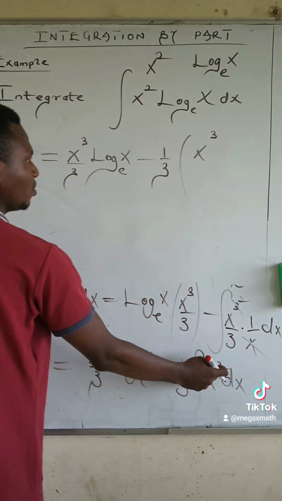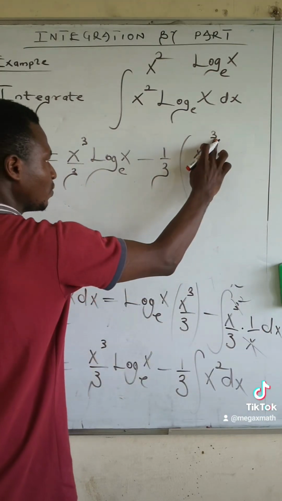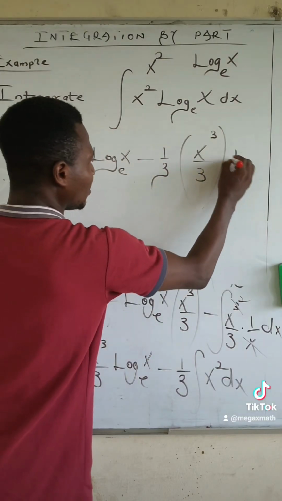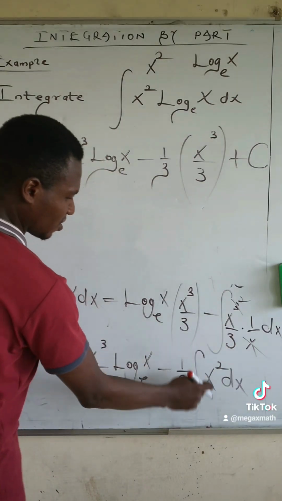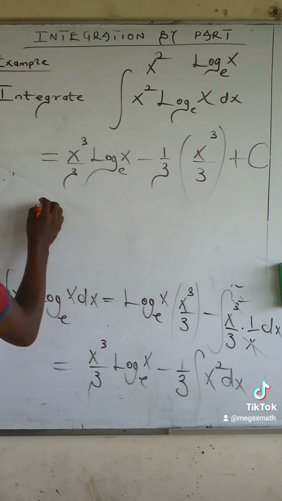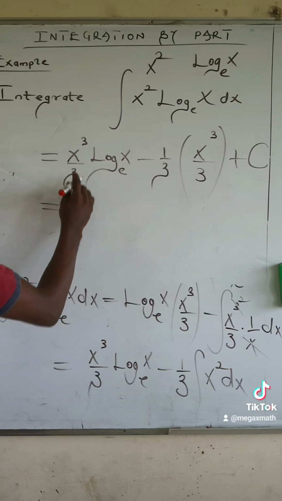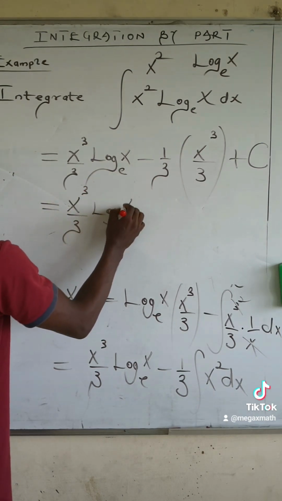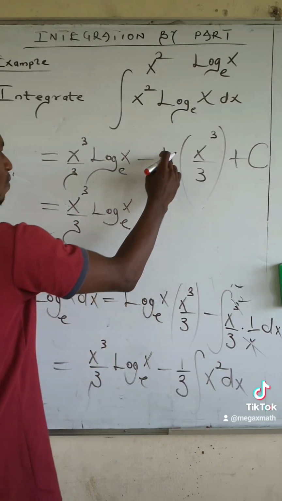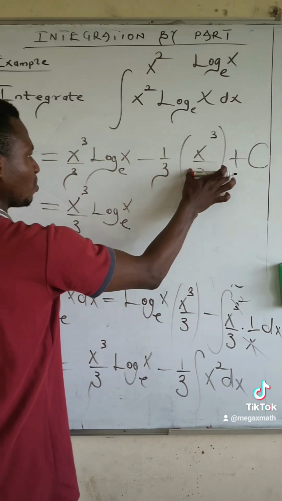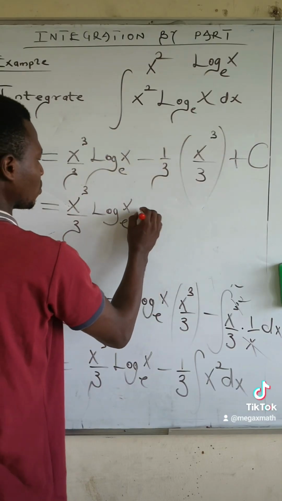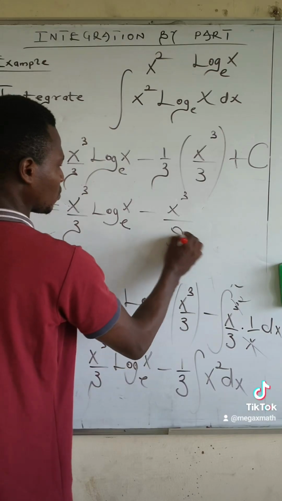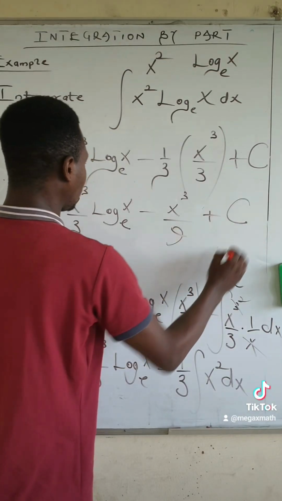We increase the power by 1, so 2 plus 1 gives 3, then divide by the new power, plus the constant of integration since this is an indefinite integral. So our result is x cubed over 3 times the logarithm of x to base e, minus x cubed over 3 times 3, that is 9, plus the constant of integration.